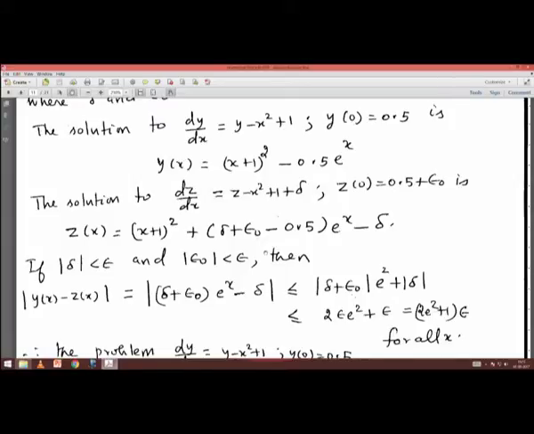Now, let us consider the perturbed problem. We should show that the perturbed problem also has a unique solution given by z of x. So, the perturbed problem has right hand side z minus x square plus 1 plus delta with z of 0 given by 0.5 plus epsilon naught. So, again it is a linear Lagrange problem with initial condition.